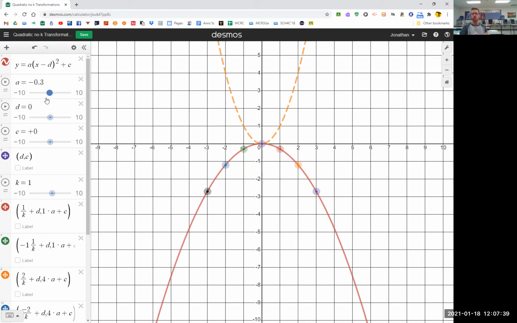We actually treat those as two different things: A being negative, and A being a number between 0 and 1, or greater than 1. So we treat those as two different transformations: the vertical reflection, and either the compression or the stretch.